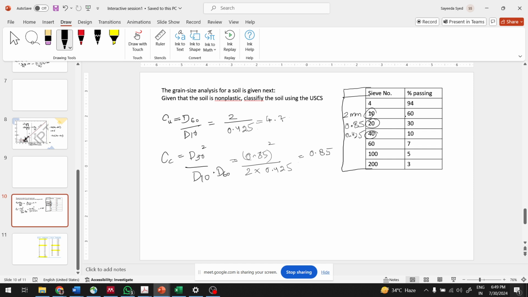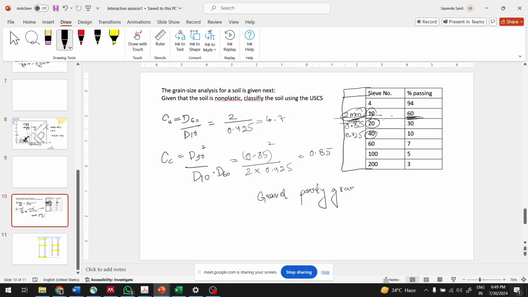And here you can see that 60% is retained on the 2 mm sieve. So this is basically gravel, because 60% is retained on the 2 mm sieve, and it is poorly graded. Why?